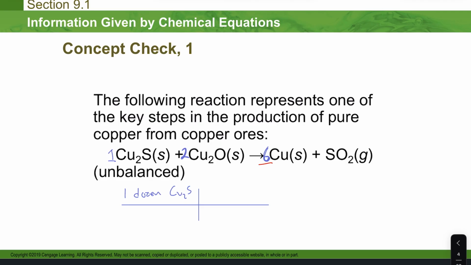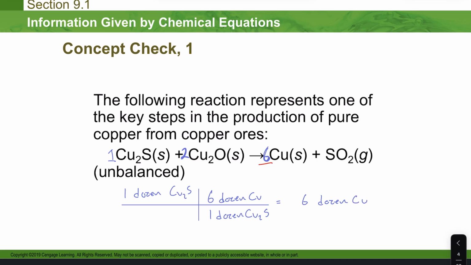So for every 1 dozen, we'll say 1 dozen Cu2S gives us 6 dozen Cu, and this is going to end up giving us a value of 6 dozen Cu.